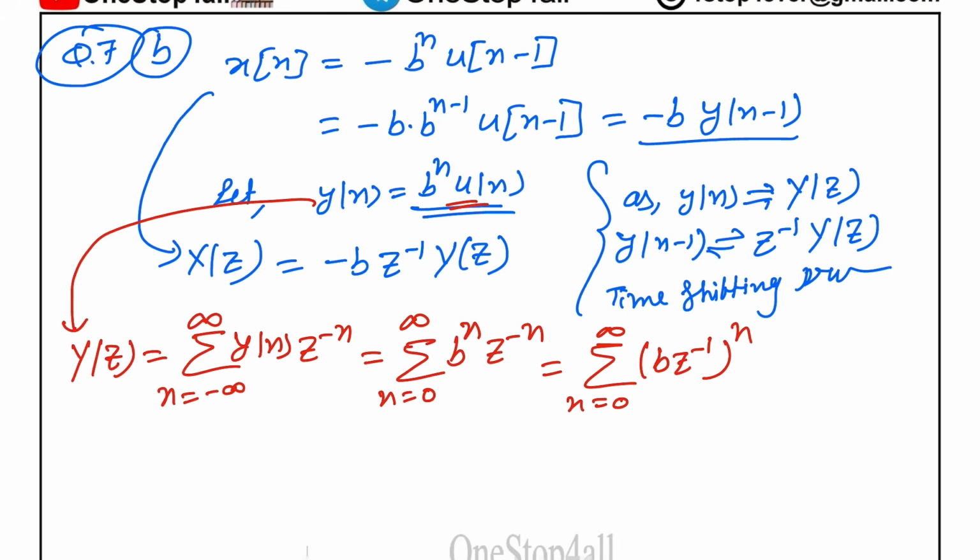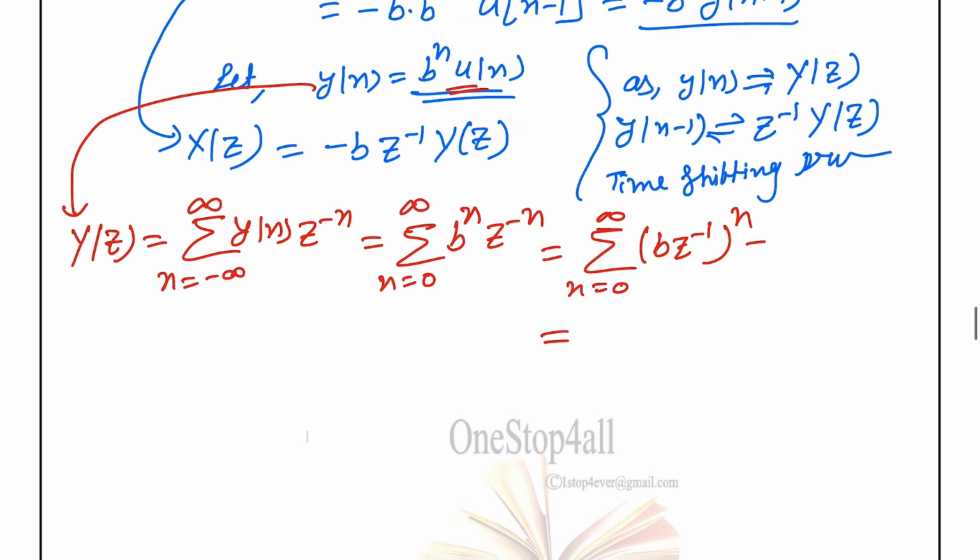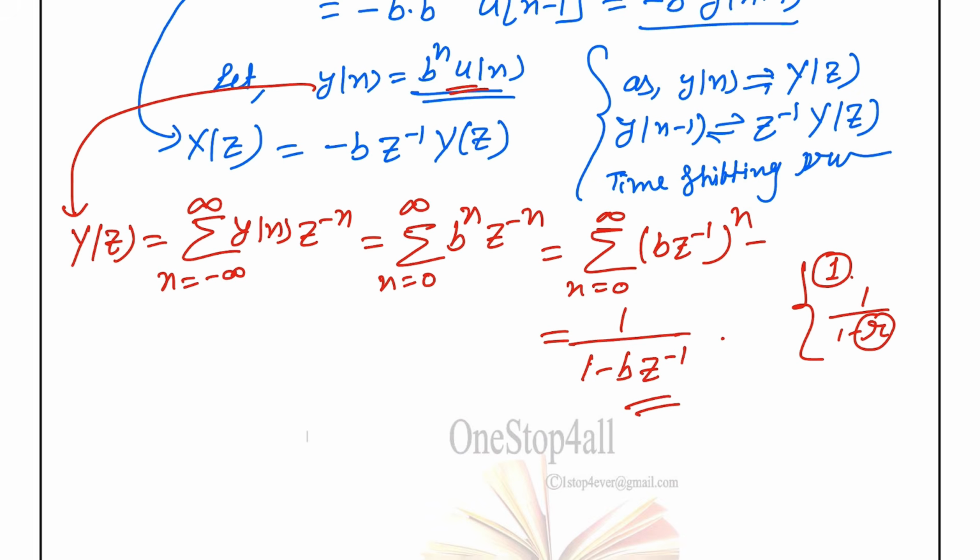This is an infinite series, and its sum is the first term over 1 minus r, where r is the common ratio. The first term is 1, because n equal to 0 gives the power 0, which is 1. The common ratio here is b into z inverse. So, the answer is 1 by 1 minus b into z inverse. This is the value of y of z.